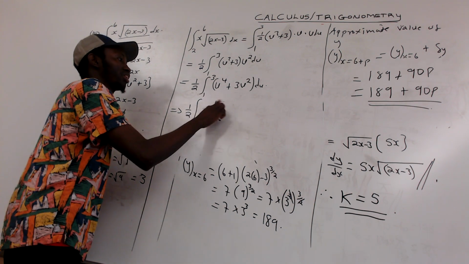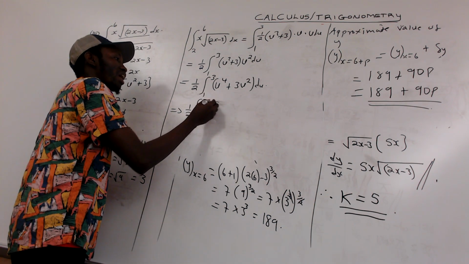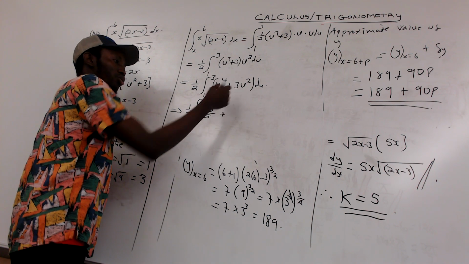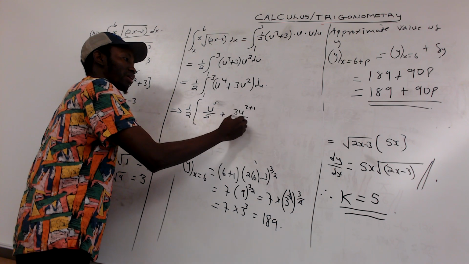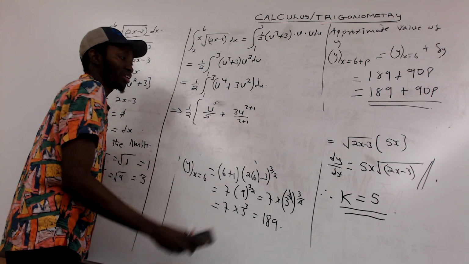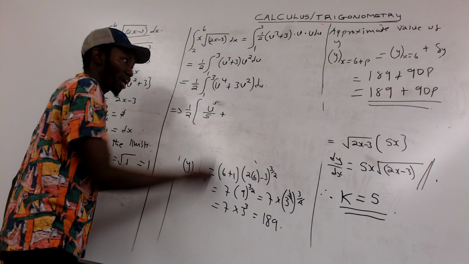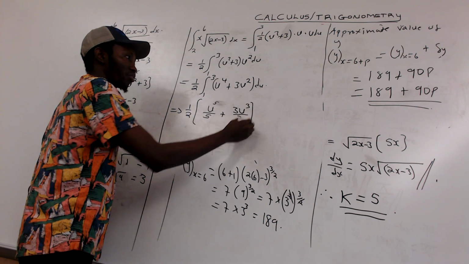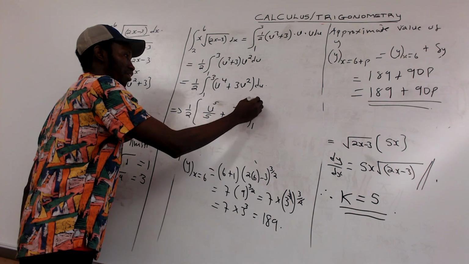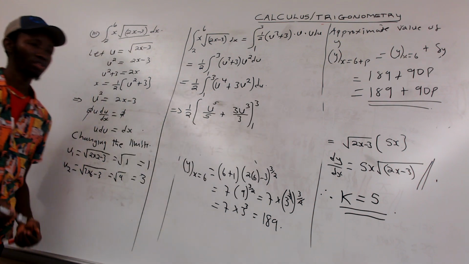So therefore this is going to be u to the 5 all over 5, plus, if we integrate this 3u square, it's going to give you 3u to the power 2 plus 1 divided by 2 plus 1. So 2 plus 1 is 3 and 2 plus 1 is 3. So therefore, this is integrated to 3u cubed divided by 3, and the limit given is 1, 3. You see, this is what we have.